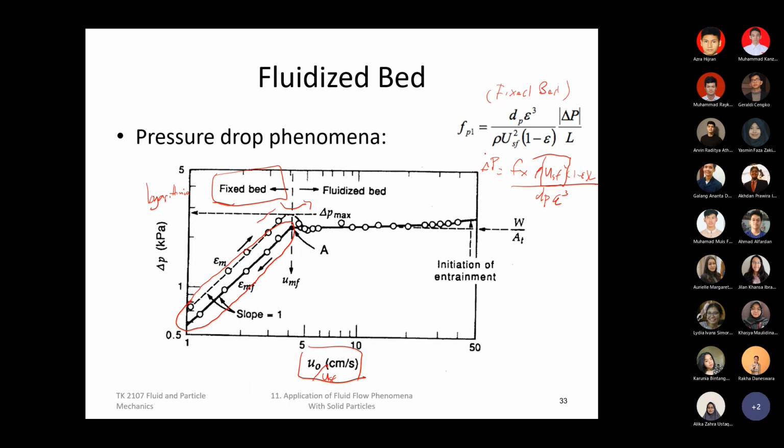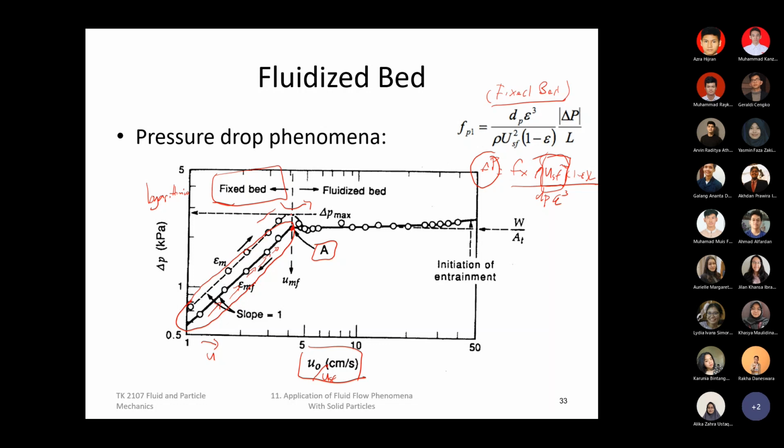The important thing is in the fixed bed, the delta P is proportional to the square, to the quadratic of the velocity. That's why when you increase the velocity, the delta P increases, up until you reach this very important point A.